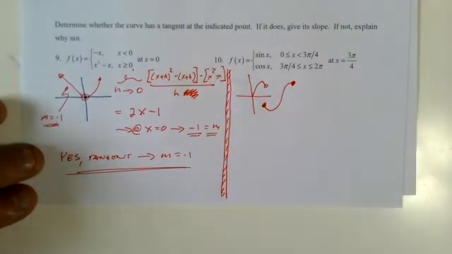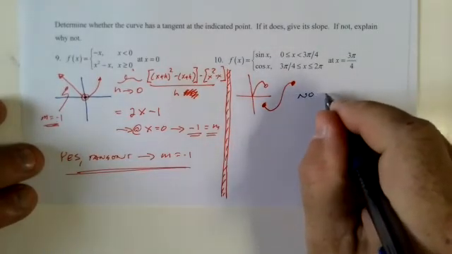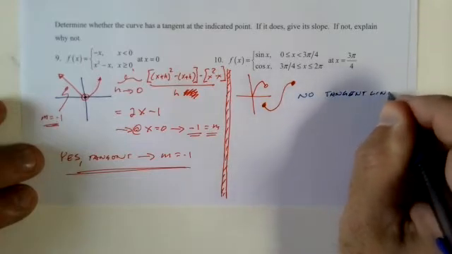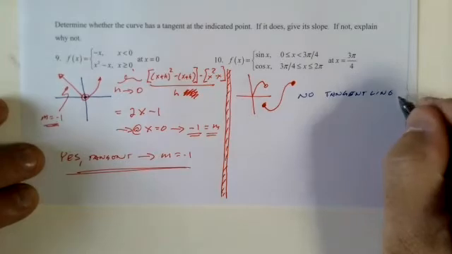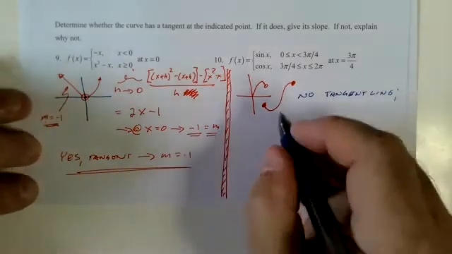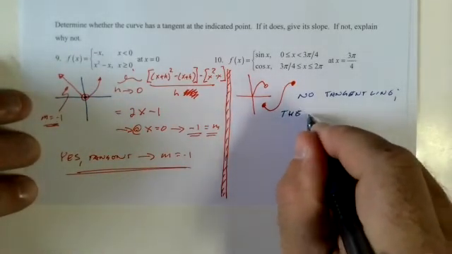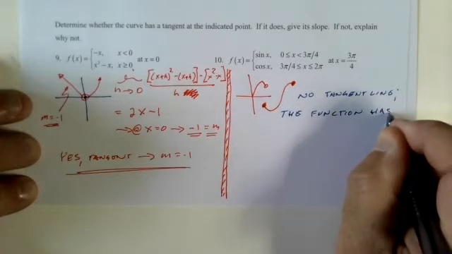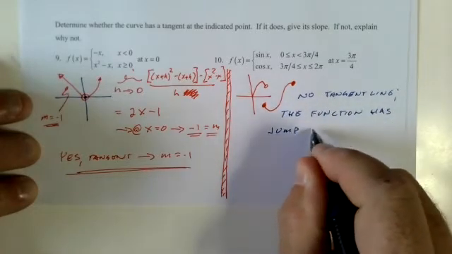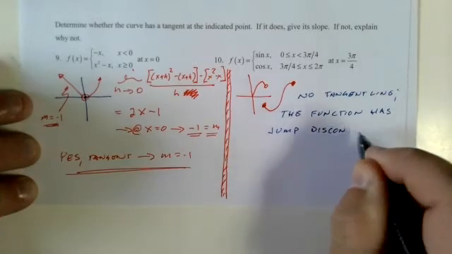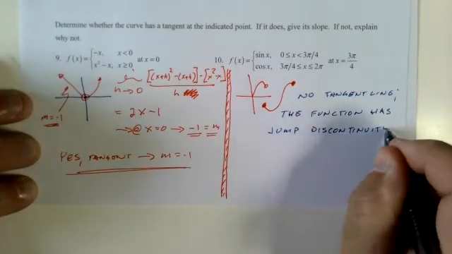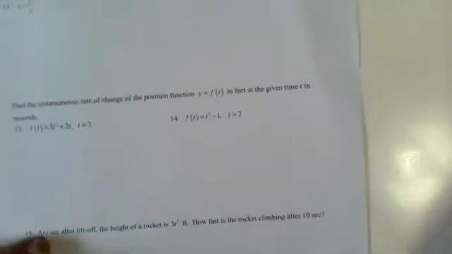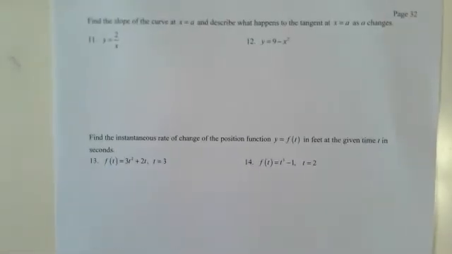Well, there's no tangent line, obviously. Can't find a limit because the function has a jump discontinuity. We're doing math. Yeehaw.